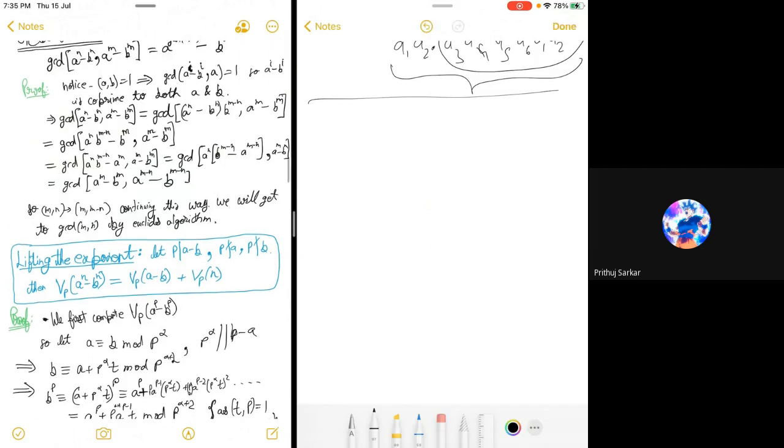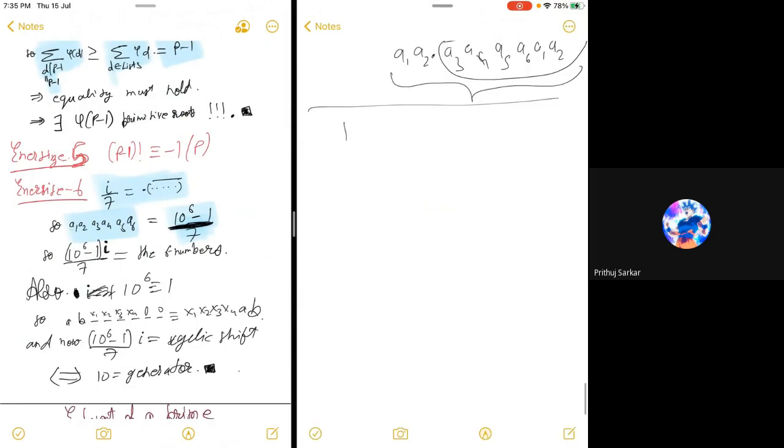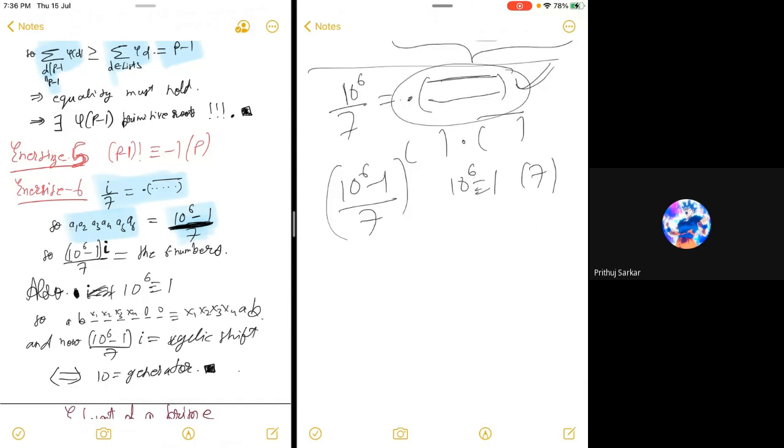This is because if we calculate 1 by 7, then this is point some 6 numbers bar. And if you multiply this by 10 to the 6, then this becomes 6 numbers point that bar. And if we subtract 1 by 7, this becomes (10 to the 6 minus 1) by 7. And also we know that 10 to the 6 is congruent to 1 modulo 7. So this will be precisely of this form, and similarly for other values.